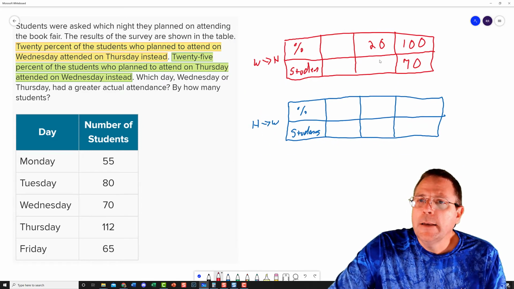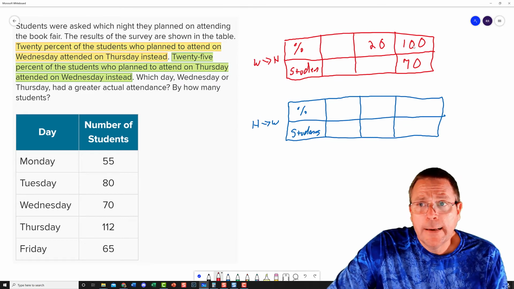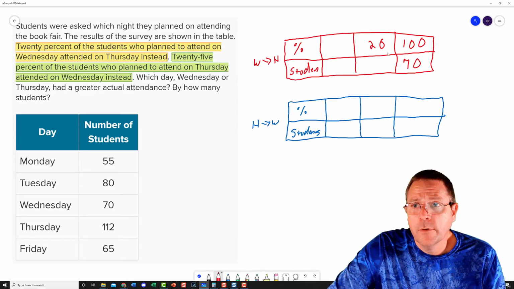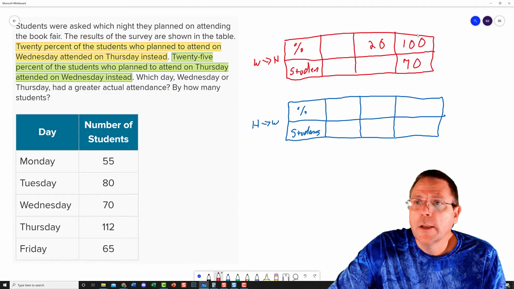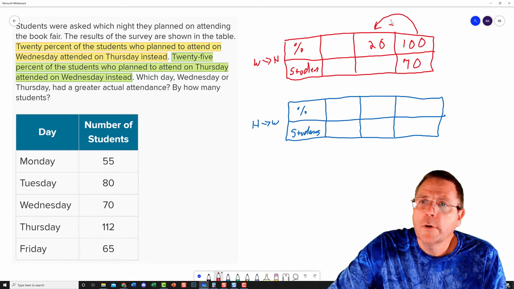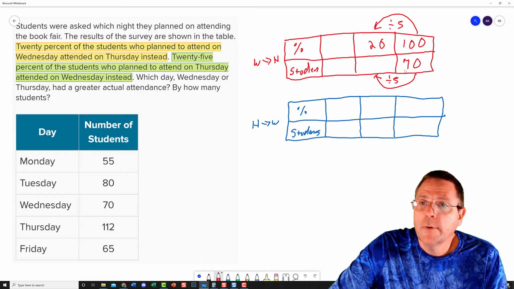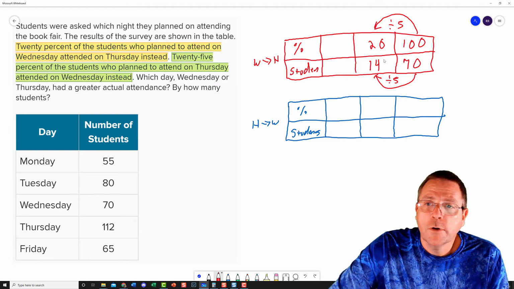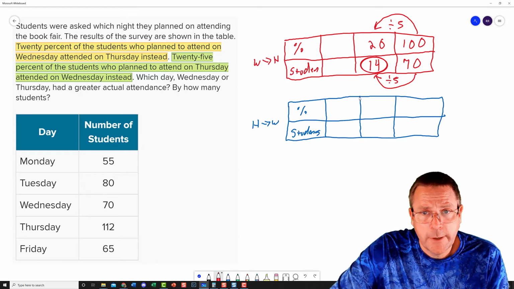Now, I need to get to 20%, but I can't divide 170 both by the same number to get down to where I have 20% there. So I could, actually, yeah, I could. Let's do that. I'm going to do 100 divided by 5 to give me my 20%, and then my 70 divided by 5 is going to give me 14. So 14 students who planned to go on Wednesday actually went on Thursday.